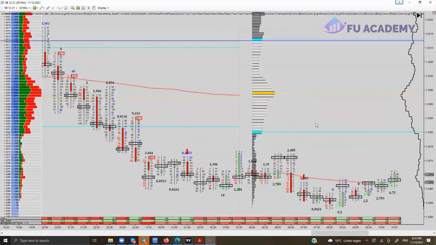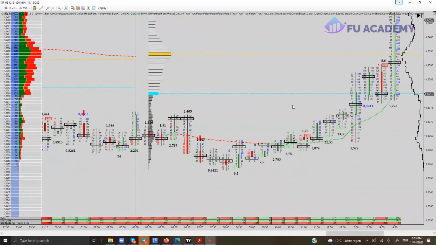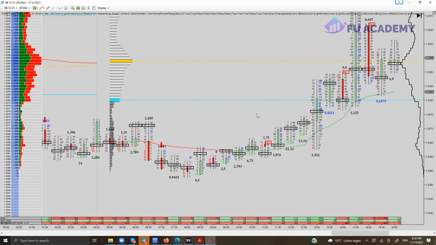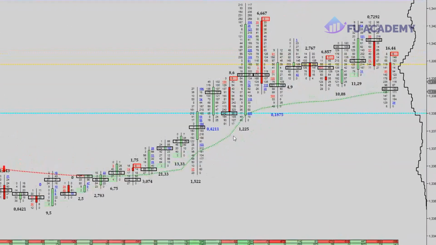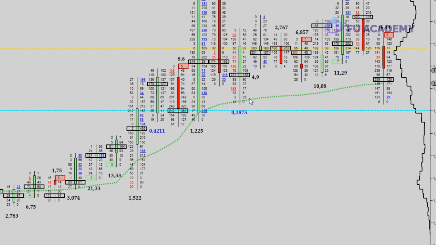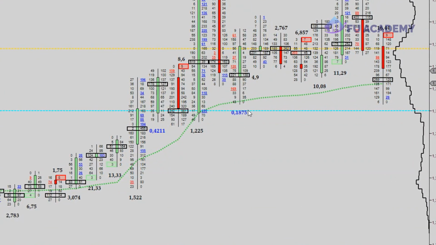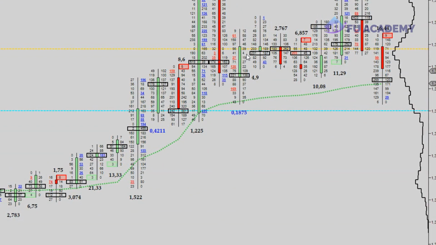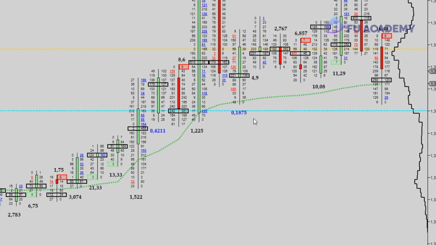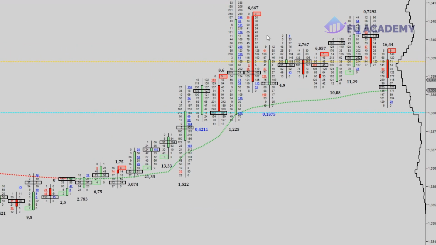Now the ratio bound low we can use as a support resistance level like this. Here we got a ratio bound low because this is less than 0.699 and it's also rejecting from VWAP, but this level can be used later.